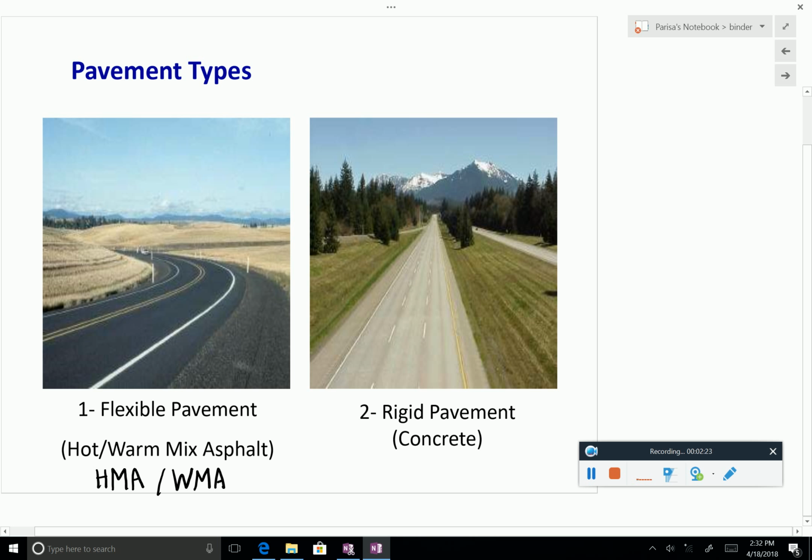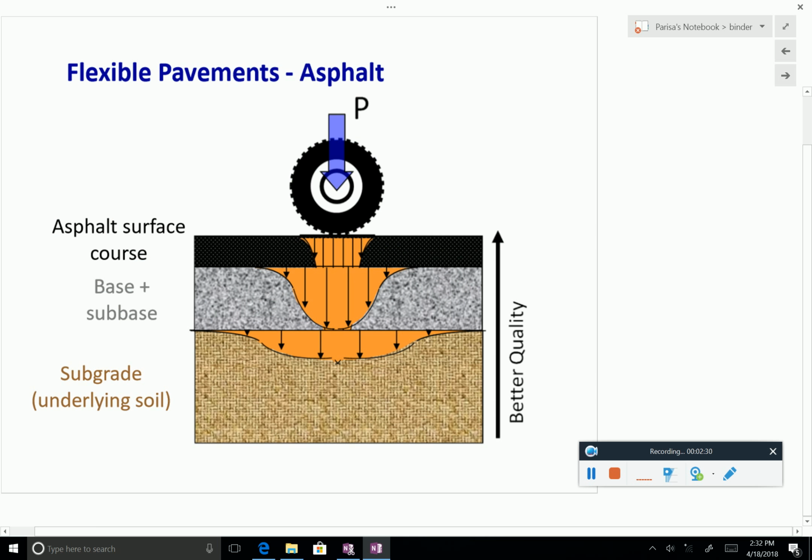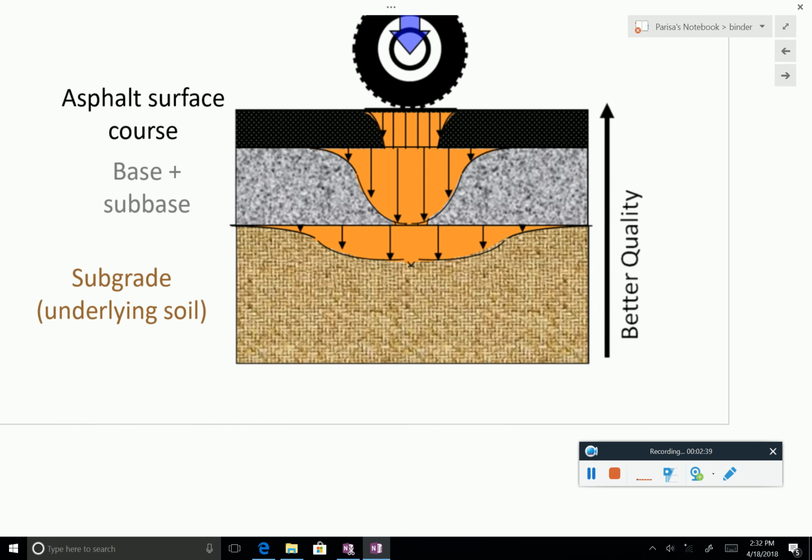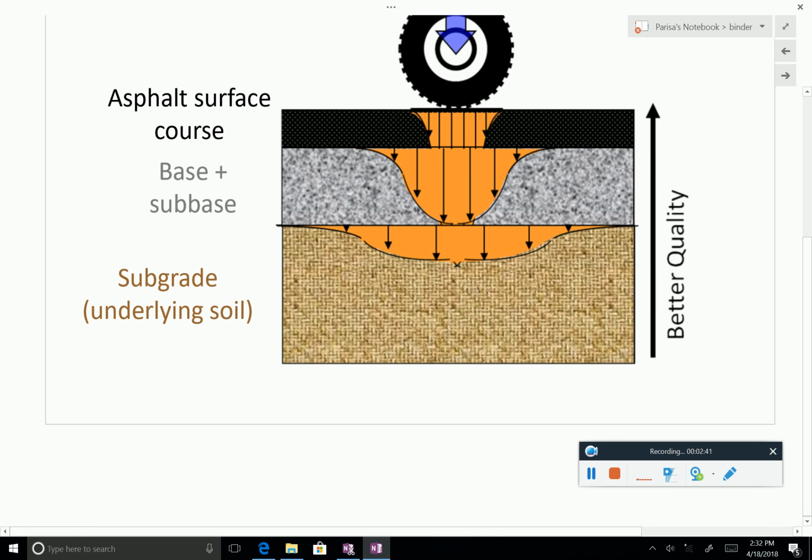First, we want to see a little bit of the difference between them and see why we use asphalt in pavement construction. Why not just concrete? If you had a way to cut through a pavement section, it would look something like that. You have the asphalt course, then base, sub-base, and subgrade, which is just another fancy name for soil.